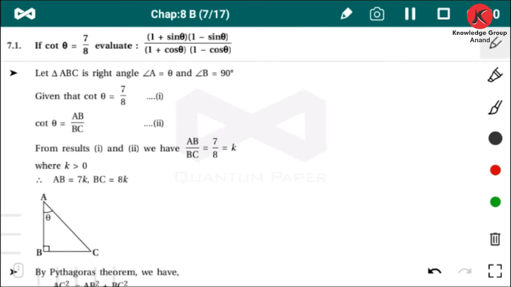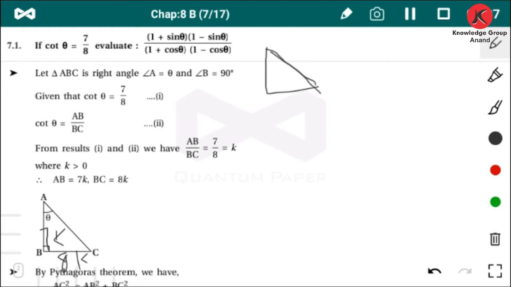We take AB is equal to 7k and BC is equal to 8k.